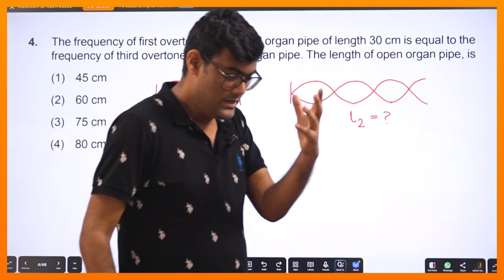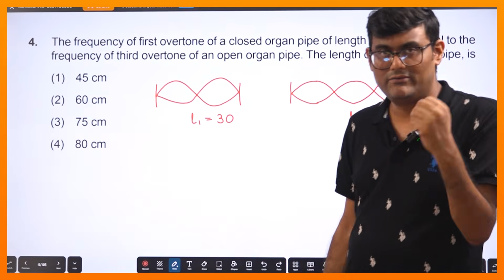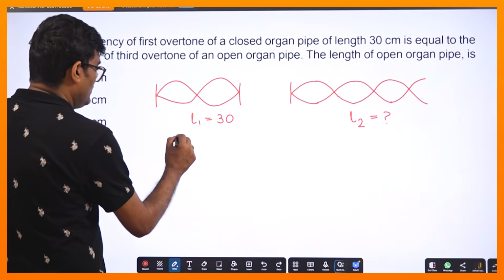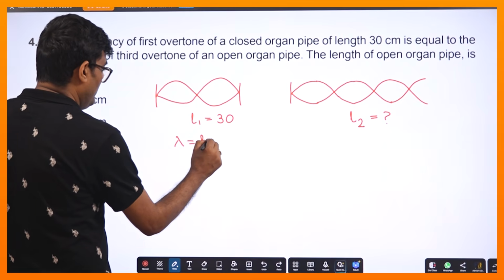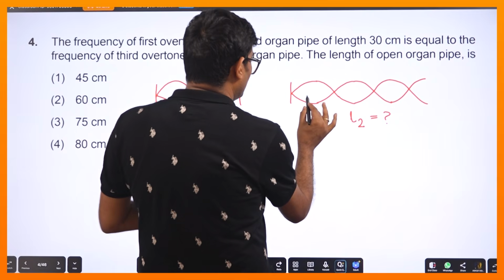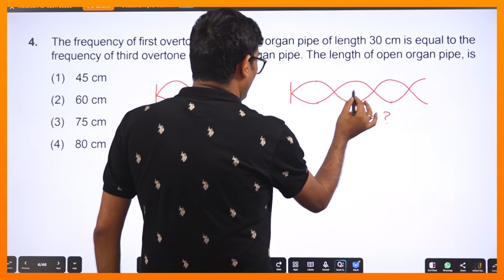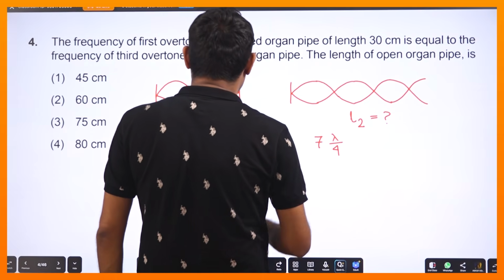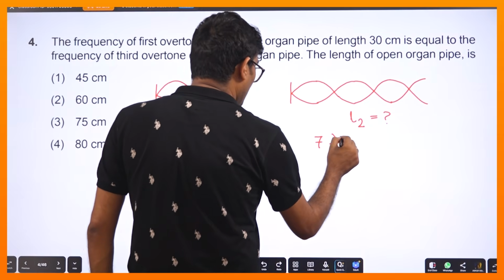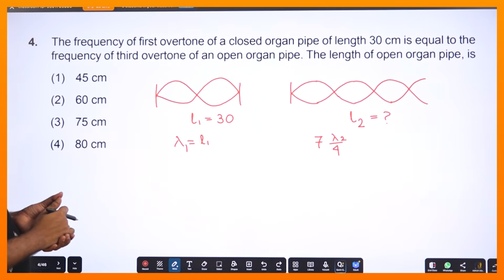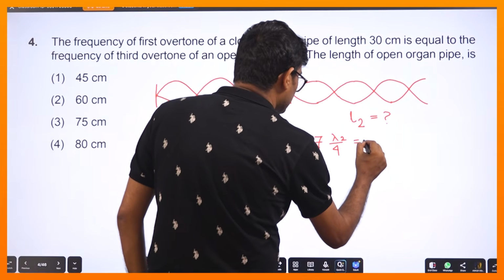Now the frequencies are the same. I know frequency is the velocity divided by wavelength. In the first case, the wavelength is lambda 1, so lambda 1 is equal to L1. And in the second case, the length is 7 lambda 2 by 4, which is equal to L2.